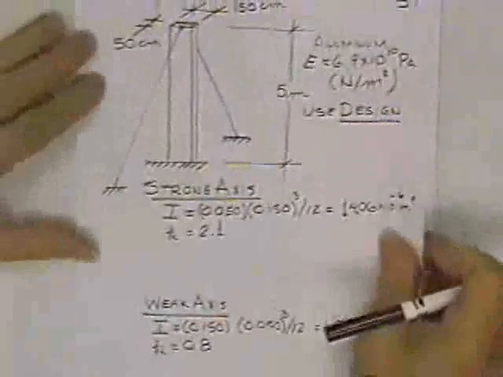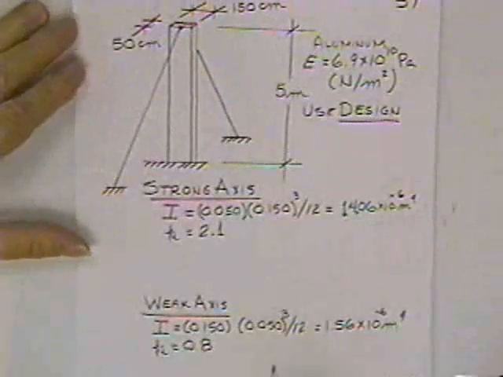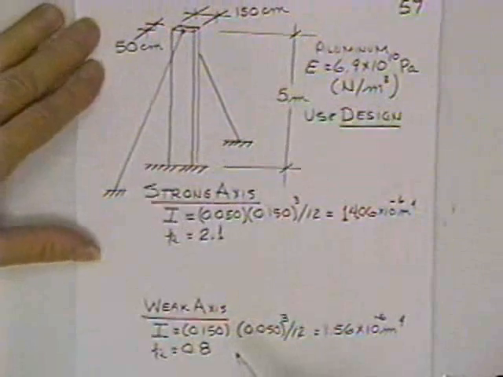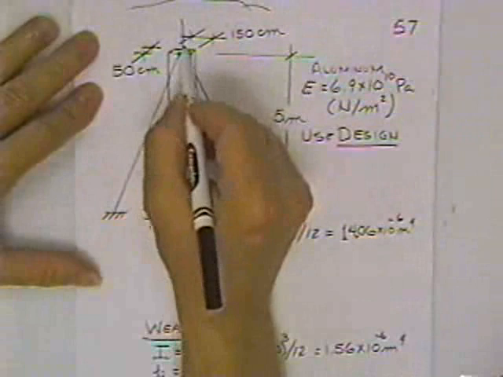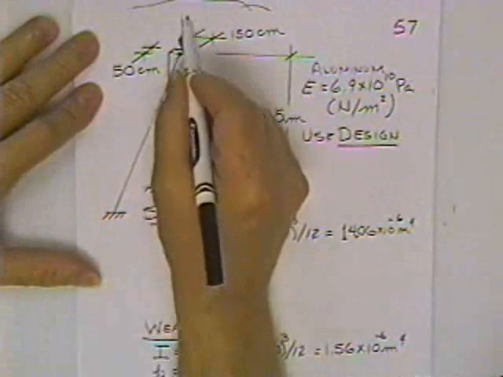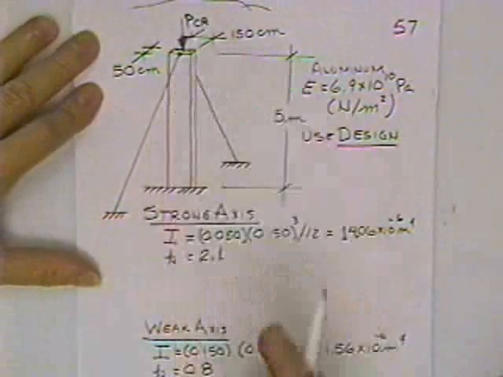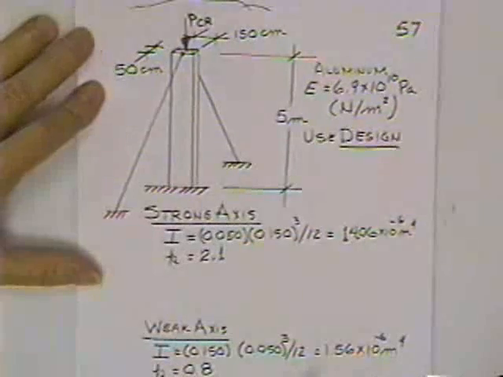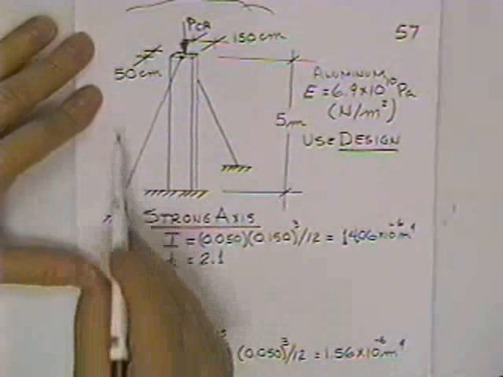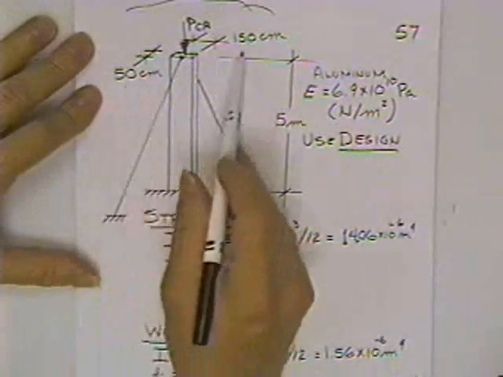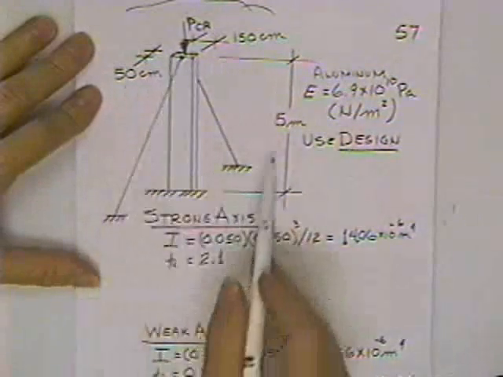So, here's an example. Here is a column which is going to have a load on top of it, P critical. This particular column is like a 2x4, except a European made it. It's 50 centimeters thick and 150 centimeters wide.